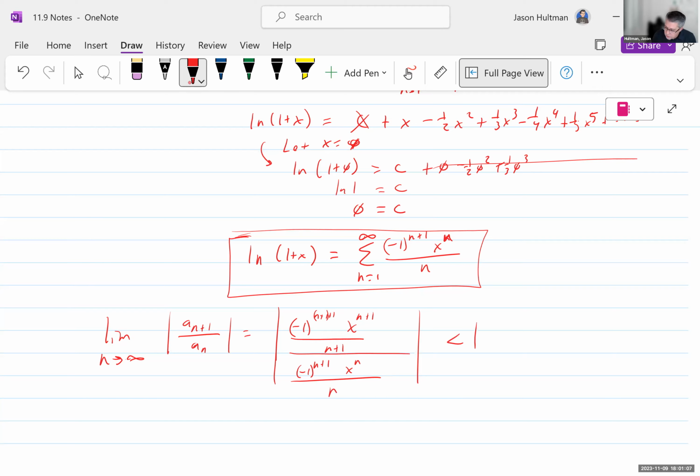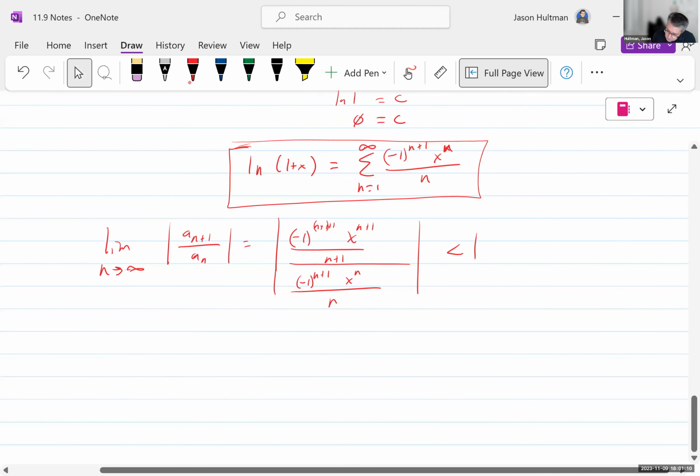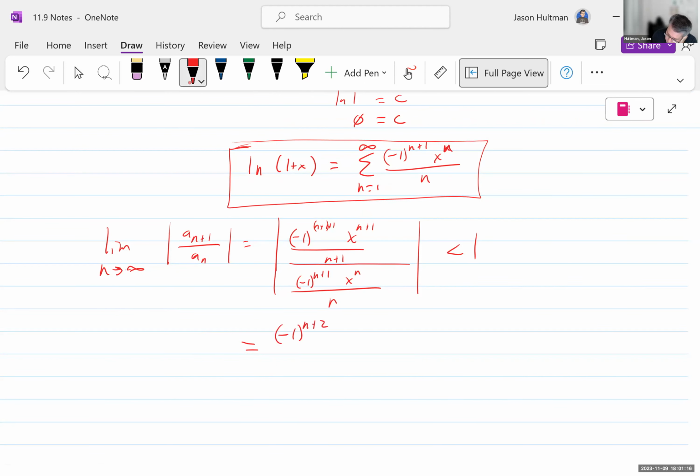We want that to be less than 1 for it to converge. So this thing is equal to negative 1 to the n plus 2 over negative 1 to the n plus 1 times, let's do n first, n over n plus 1 times x to the n plus 1 over x to the n.